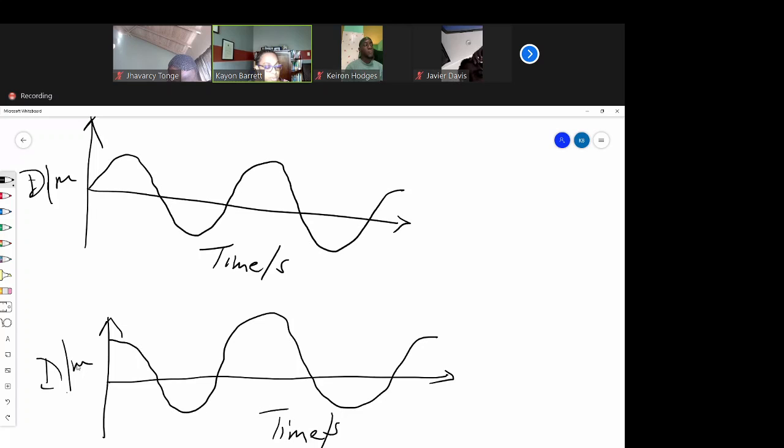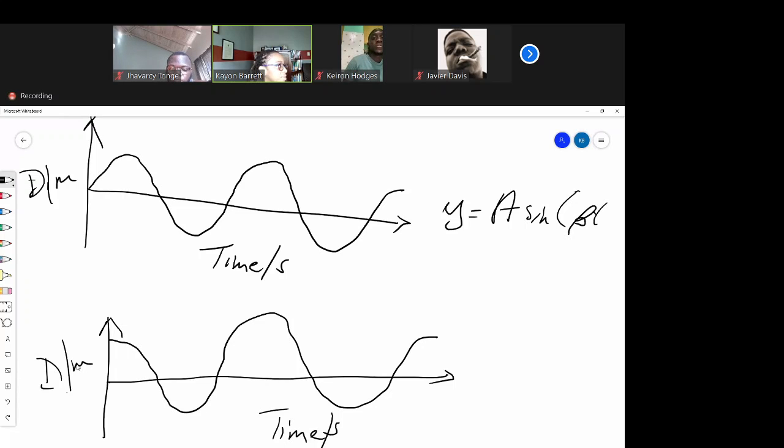So in this case, you would have y is equal to, and remember this is sine, some maximum value A, which is going to change with time, times sine of something as a function of time. I'm not going to use omega, I'm going to use something else to represent some term. Let's use beta t, and then this one would be a cosine, and let's use gamma t.